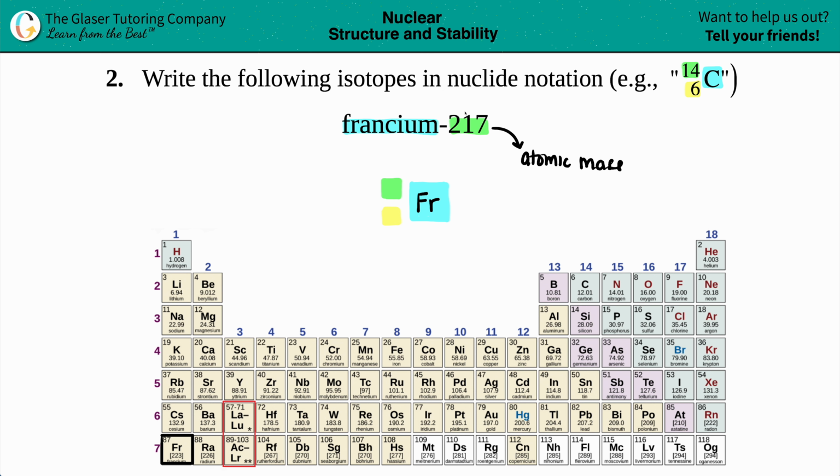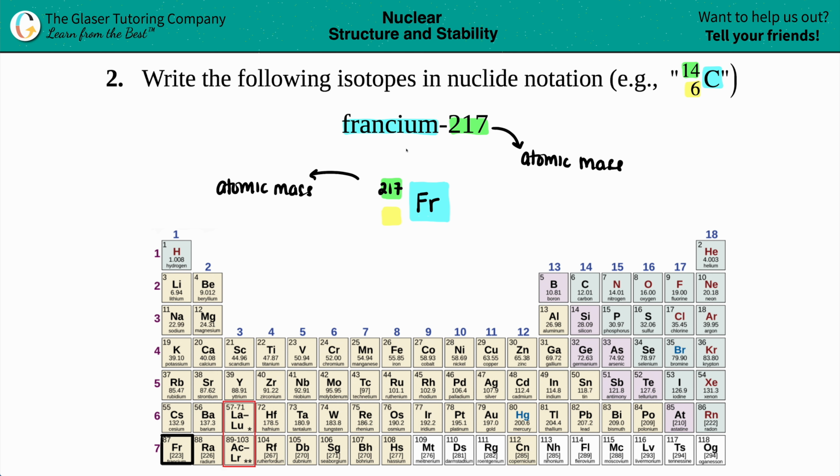Probably some of you might say, oh, Christina, you colored it in green, so we know it goes here. And you are absolutely correct, but just know that the atomic mass is always going to be the bigger of the 2 numbers, so the big number always goes on the top. So this is your atomic mass on the top of the notation. So we're just going to put a 217.